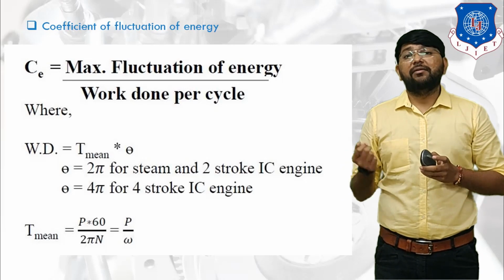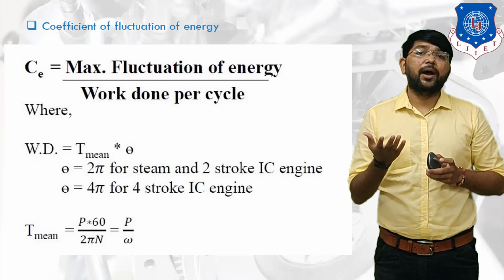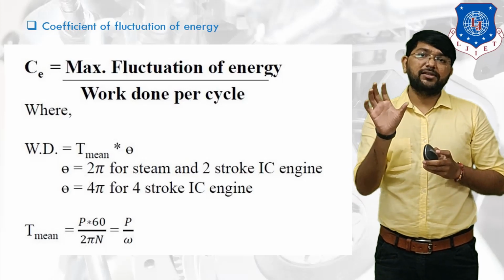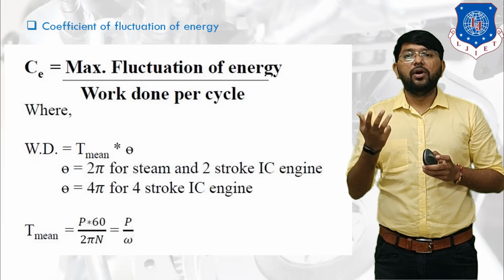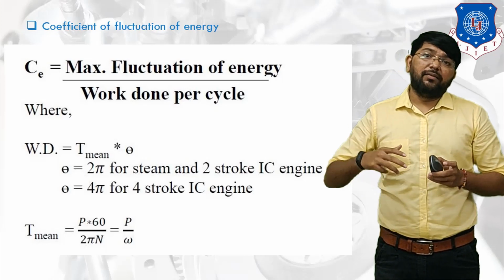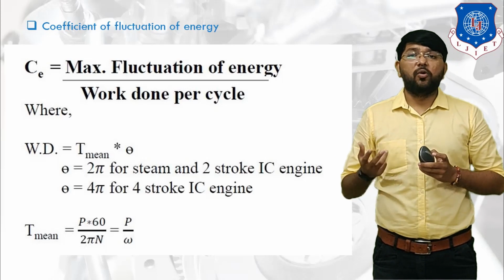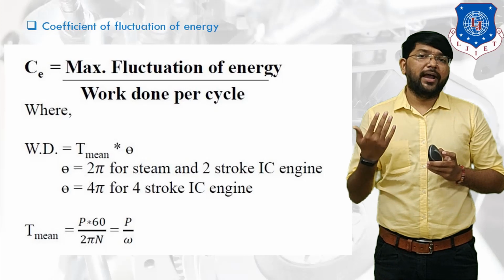Now we have the equation for the power. Clear? So what is the equation of power? That is 2 pi N T by 60. Based on this equation we can write T mean torque equals power into 60 divided by 2 pi N. Clear? But we also have one more equation, omega, the angular velocity. So omega is equal to 2 pi N by 60.